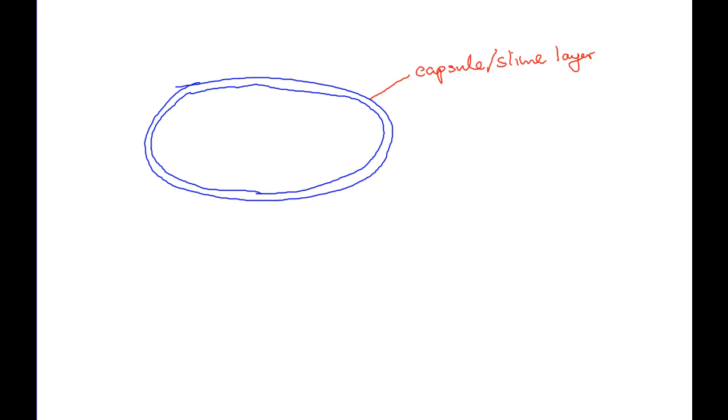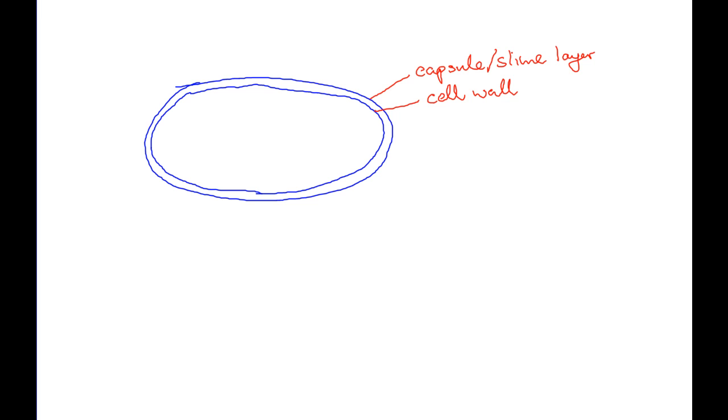Often associated with pathogens then, these capsules or slime layers. The next layer in will be a cell wall, and as we said, this cell wall is not made of cellulose like plant cell walls, not made of chitin either, which is what the fungal cell wall is made of.